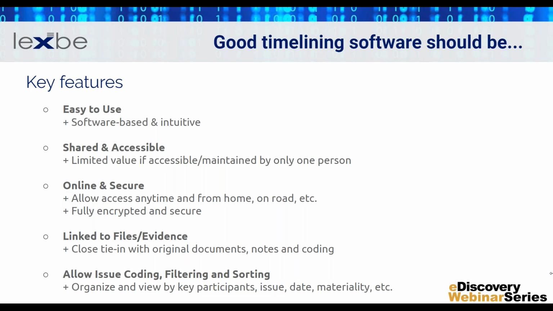You have to be able to link the documents to the timeline as well as filter on metadata, because you need to be able to isolate that bigger, broader, entire case timeline down to whatever it is that your immediate need is. Is it for an evidentiary hearing? Is it for a witness deposition that's coming up? It may even be for specific issue analysis.